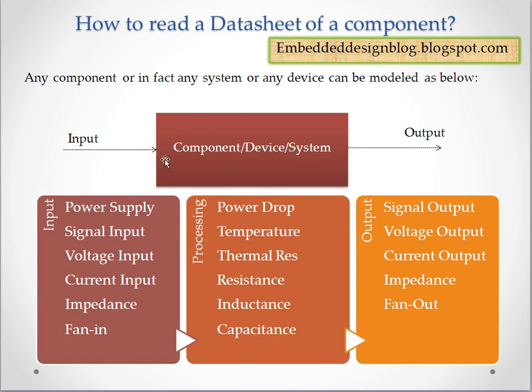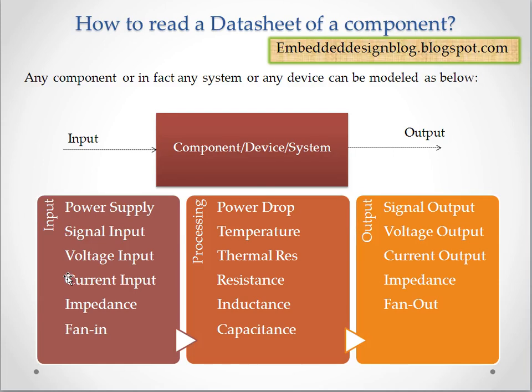And then we talk about the fan-in. Fan-in is the number of inputs that can be connected to a system. So these are all the simple input characteristics that we talk about, and there will be a detailed description of this. So we have listed a few things to give you an idea what could be the input of a particular system or a component or a device.